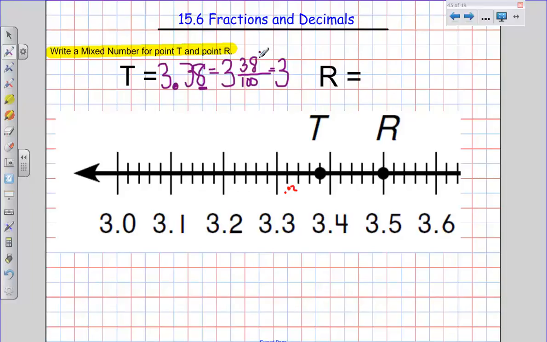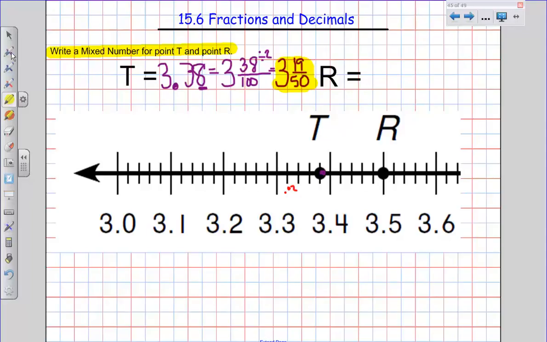So 38 divided by 2 is 19, and 100 divided by 2 is 50. So my mixed number for point T, located right here, is going to be 3 and 19/50. So this is my final answer.